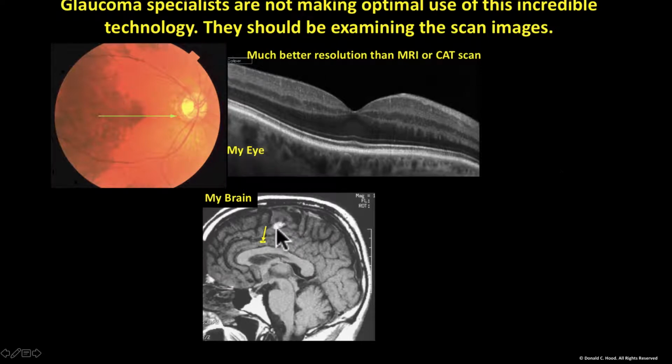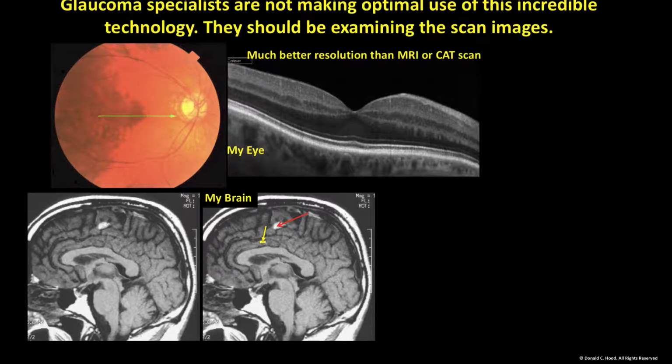Now, don't be worried about this. This is actually a non-symptomatic fat, a little piece of fat that's between my hemispheres. But let's suppose, just for the sake of discussion, that it were a tumor.